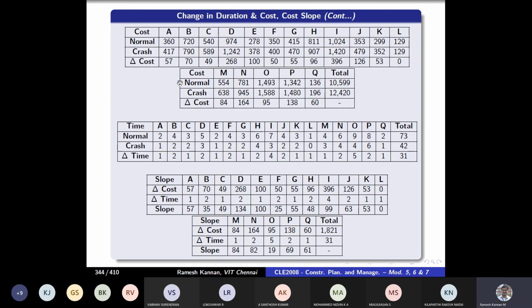Finally, the change in cost divided by the change in time will be our cost slope. This is a very interesting metric for least cost scheduling. Let me define that a couple of slides later, but understand that cost slope is the change in cost divided by the change in time.